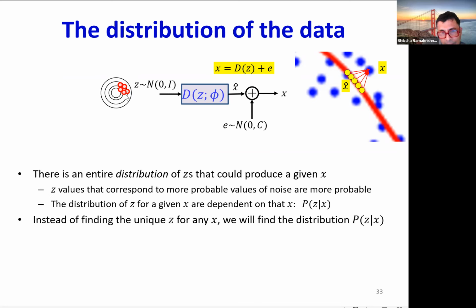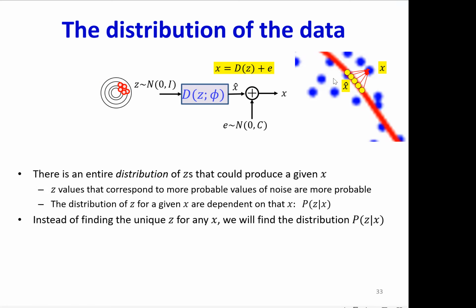What are these z's? We don't really know. We know the overall z is a standard Gaussian, but the distribution of z's that could have generated this X hat is unknown.